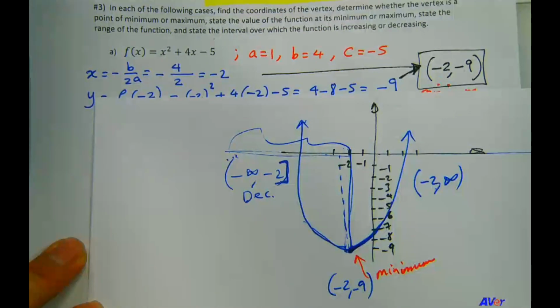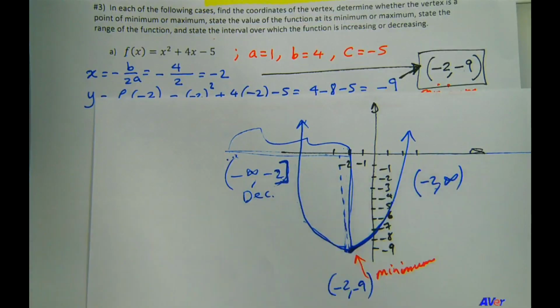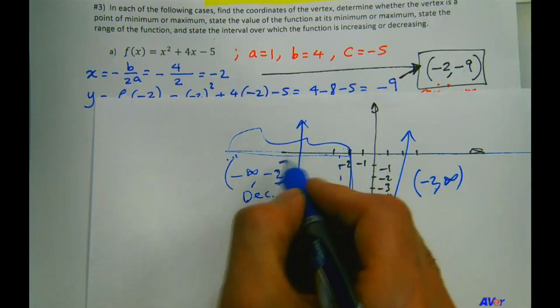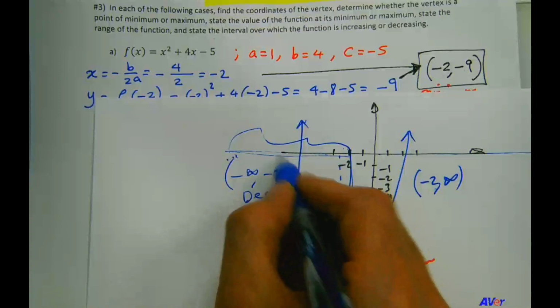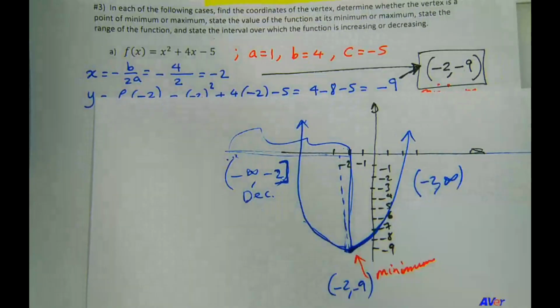Okay? So if you have questions, usually when I talk about this stuff in class, there's always somebody asking me, well, why did you include -2 here and not here? There is no preference here. If you choose, you can exclude it from here by putting a parenthesis and include it here by putting a bracket. That would be just as valid.